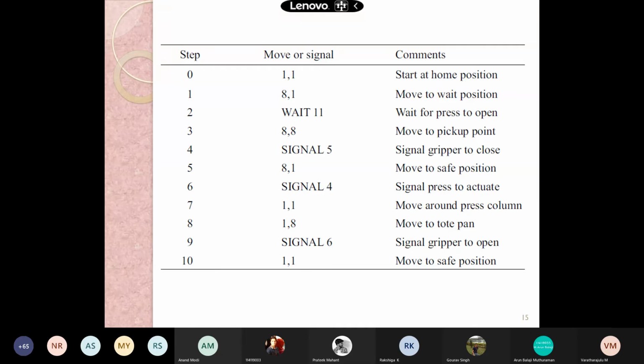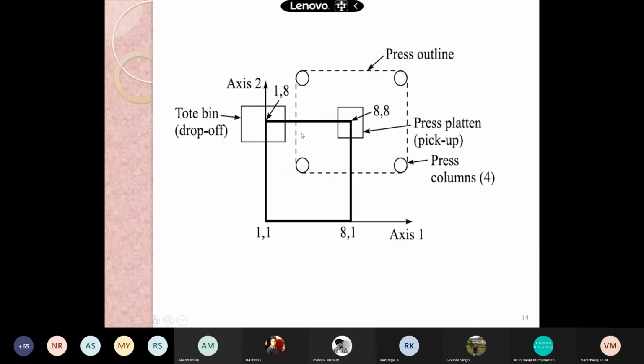Here 1-1, wait 11, wait for press to open, and then move from 8-1 to 8-8.